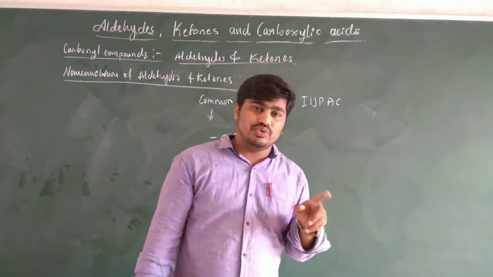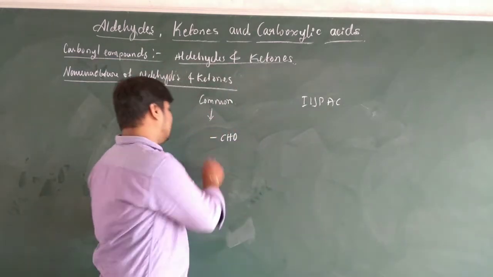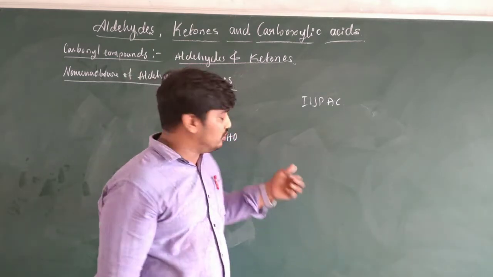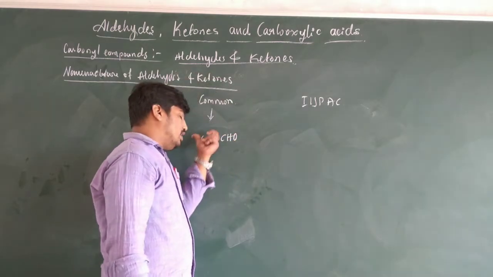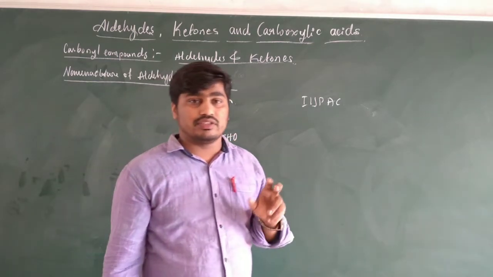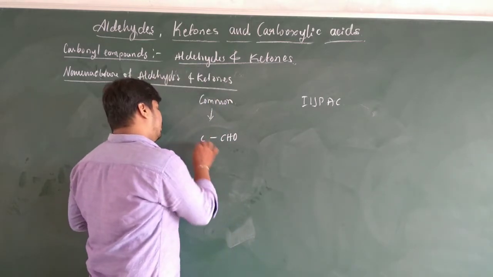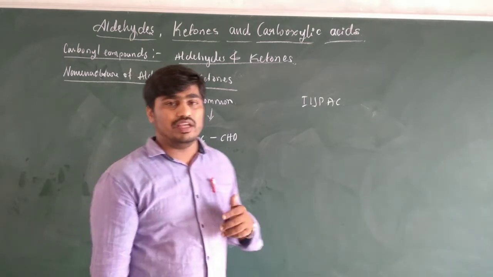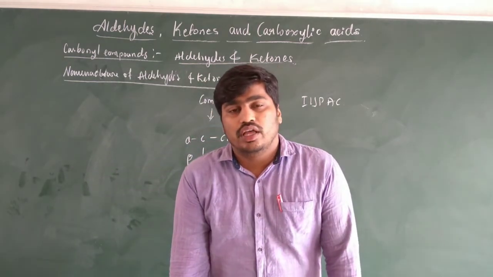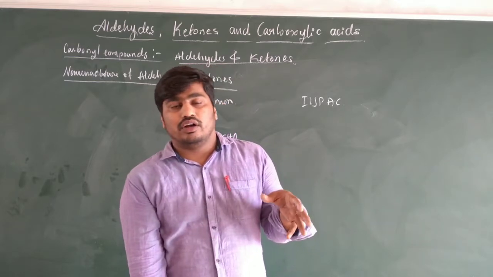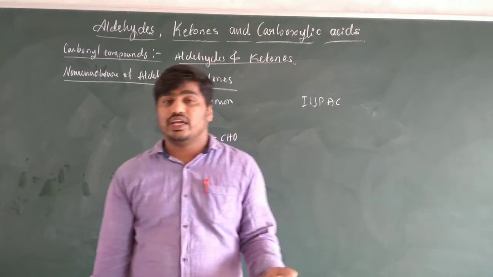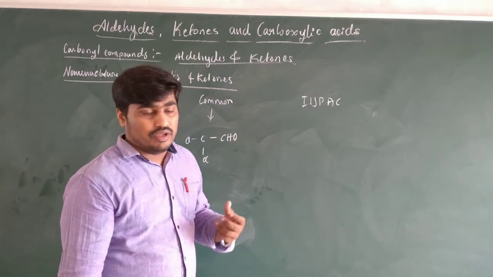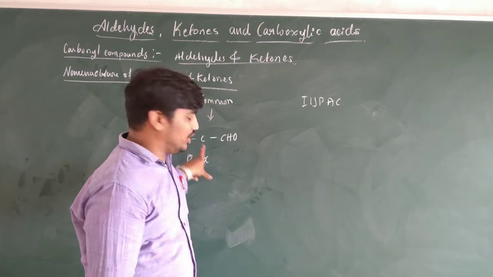The carbon attached to the aldehydic functional group is considered alpha, and the very next to it is known as beta. The next carbon is known as beta, similarly gamma and so on. Alpha, beta, gamma, or alpha, alpha dash, beta, beta dash.